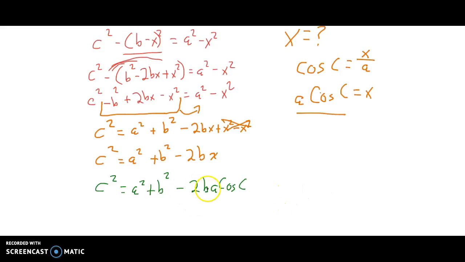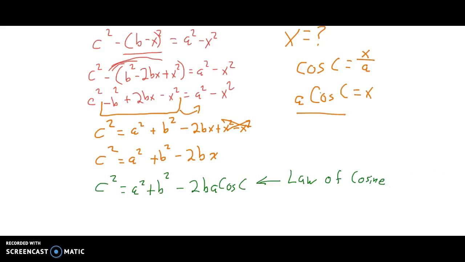Oftentimes you might see a and b switched when it's written out in final form. In final form, this is known as the law of cosines.